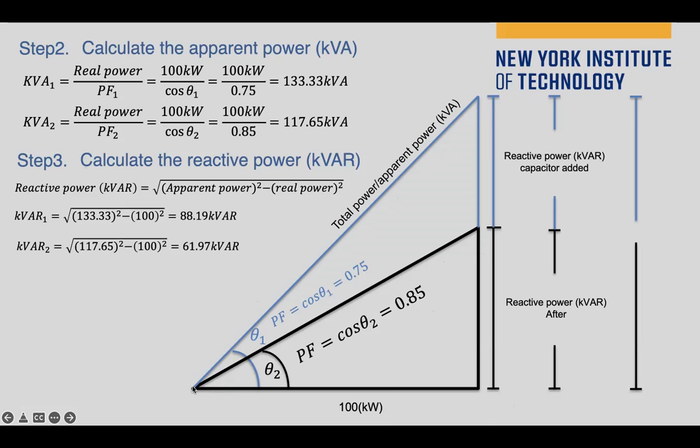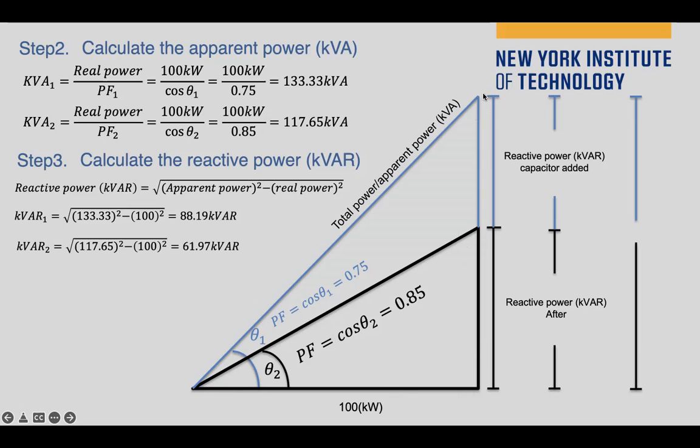We can obtain the apparent power after the improvement. Okay, so we know this value, we know this value, and now we also know this value. Okay, so far, do you have any questions? No, it's completely clear. Yeah.